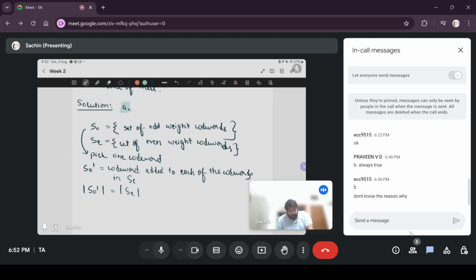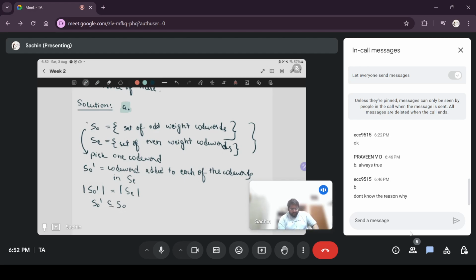But all the code words have to be included within these two sets, because you're only adding two code words, you can't get something that is not a code word. So all the code words in this set SO prime are odd weight code words. So this SO prime is a subset of SO.